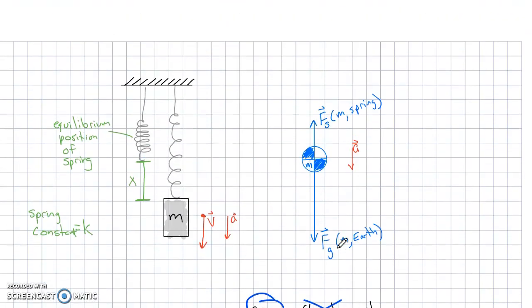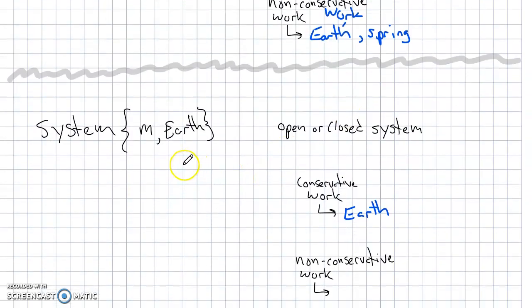Likewise, let's take a look at the other forces that act on it. We have here the force because of the spring. That's on the mass because of the spring. And the spring is not part of our system, or not what we have defined. So it's not in there. So this would be non-conservative work being done by the spring.